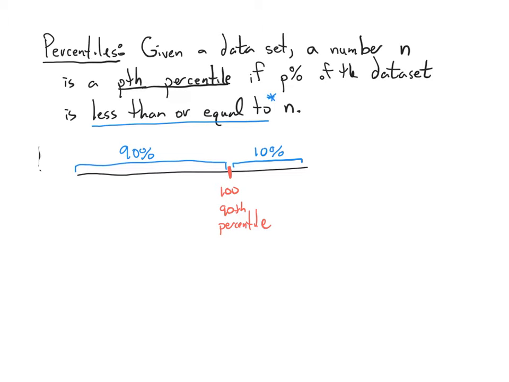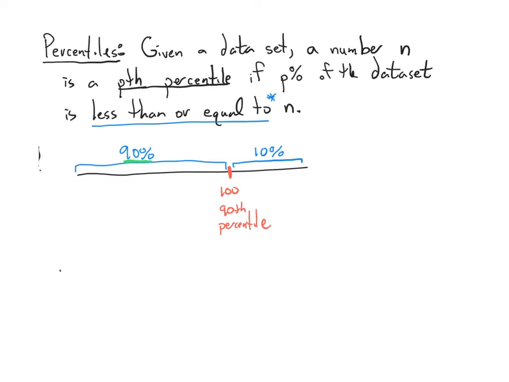A percentile just says that if a number is at a certain percentile, that percent of the data is less than that number. That's all a percentile is saying.